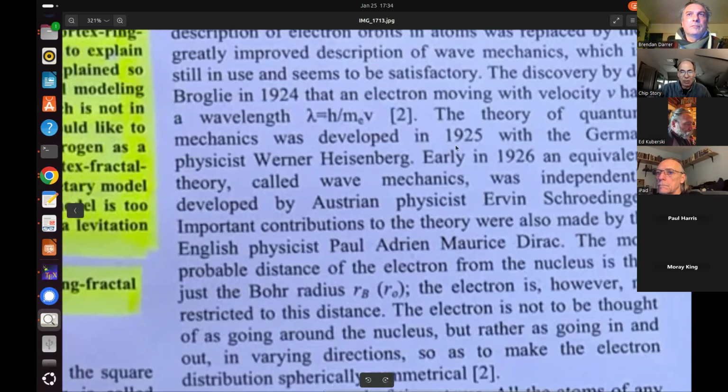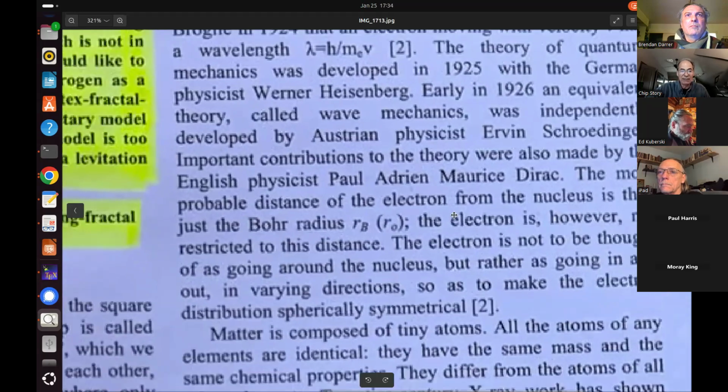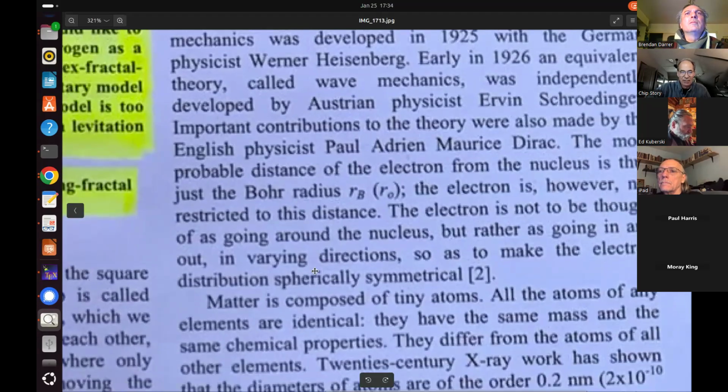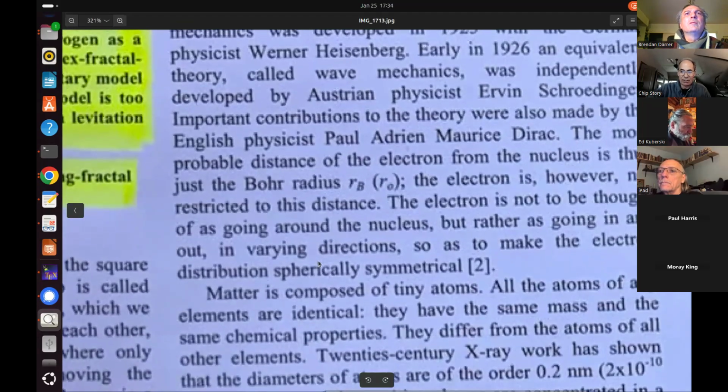The theory of quantum mechanics was developed in 1925 with the German physicist Werner Heisenberg. Early in 1926, an equivalent theory called wave mechanics was independently developed by Austrian physicist Erwin Schrödinger. Independently is important. Important contributions to the theory were also made by the English physicist Paul Adrian Maurice Dirac.